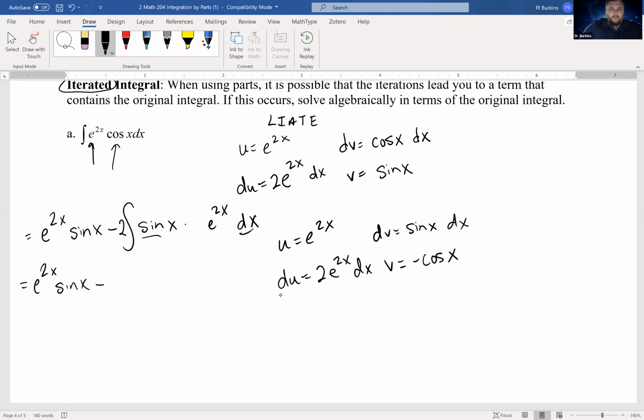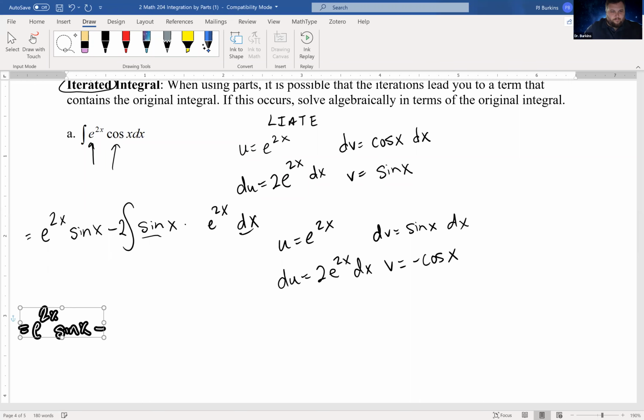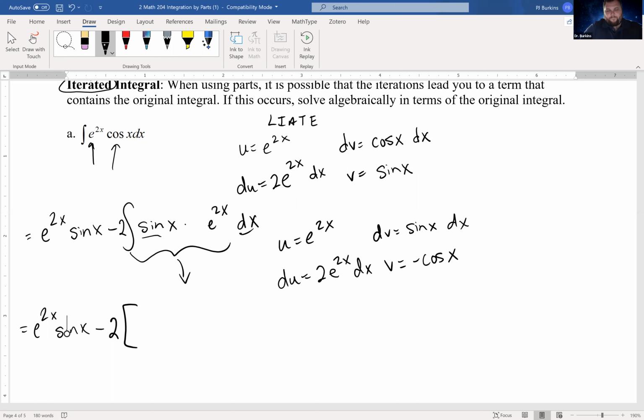All right. I see that I've maybe not given myself enough room here, so let's scoot this down. So I've got e to the 2x sine x minus, there's a 2 out there. And this integral is now going to be replaced by u times v. Notice v is negative, so I'm going to pull the negative out in front.